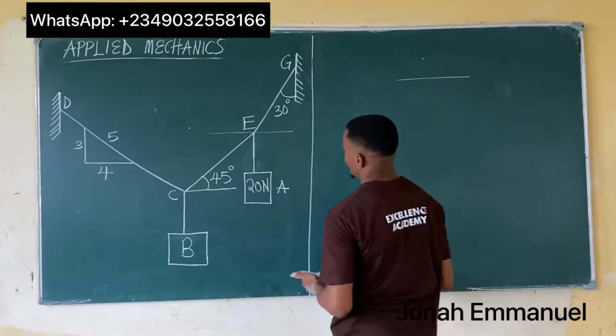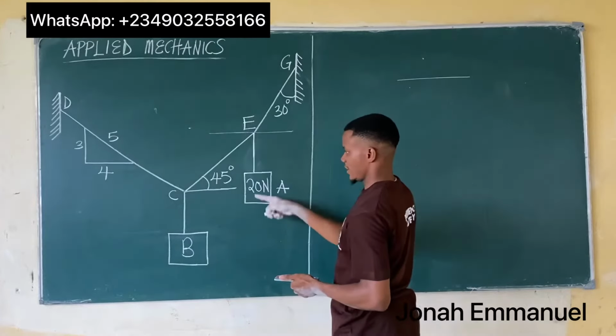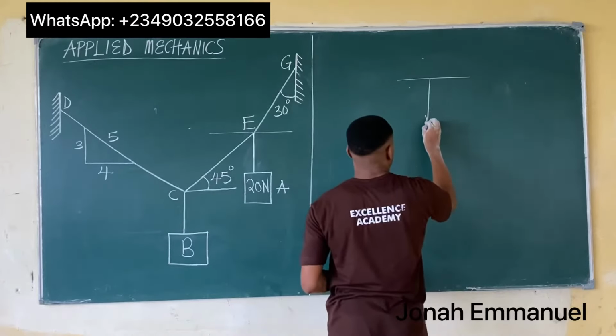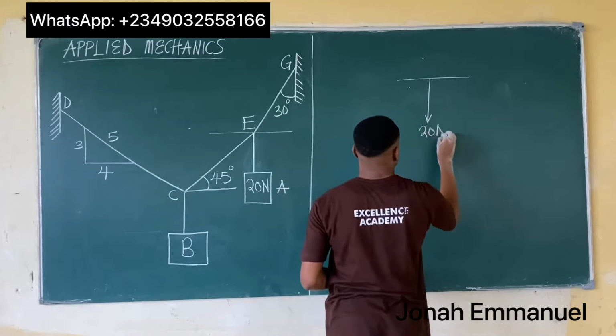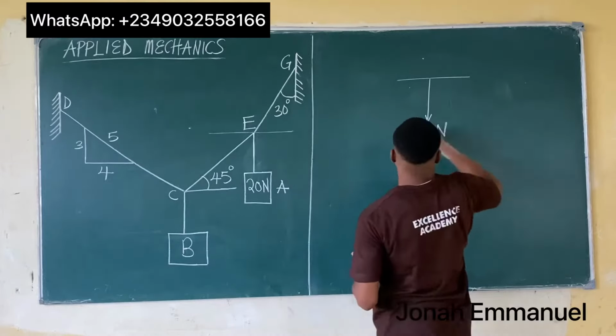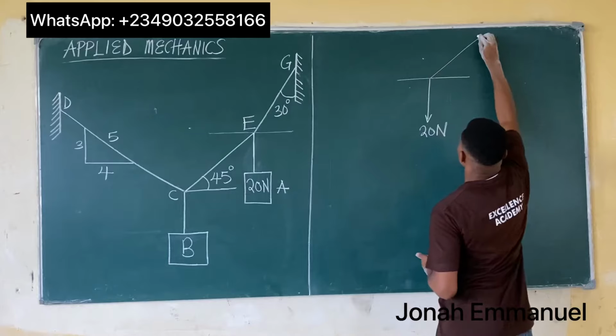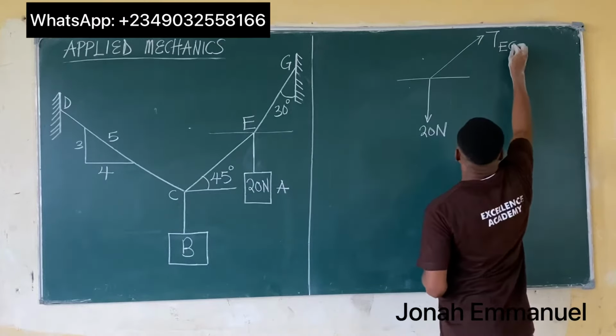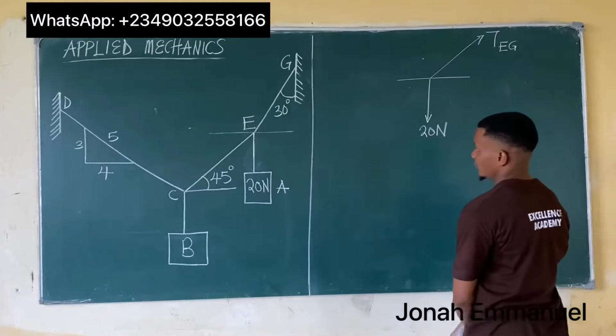That's this. What do I have? I have this one coming down here, 20 newtons. So I have 20 newtons coming down. I have TEG this way. This is tension from E to G. Okay.